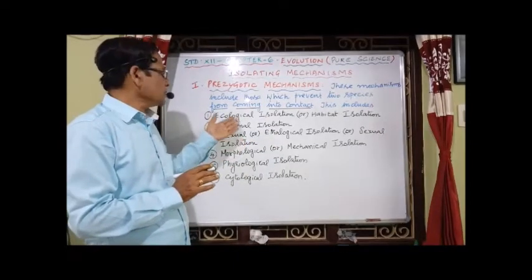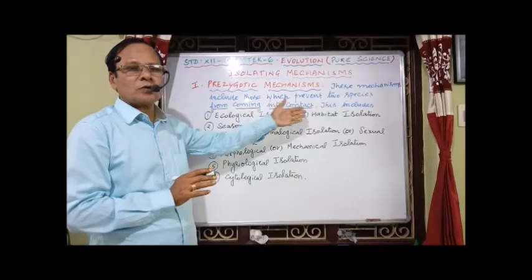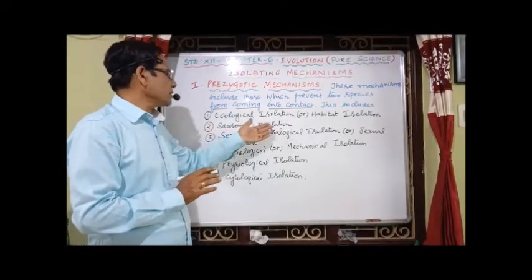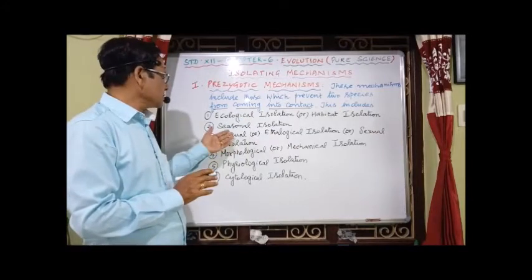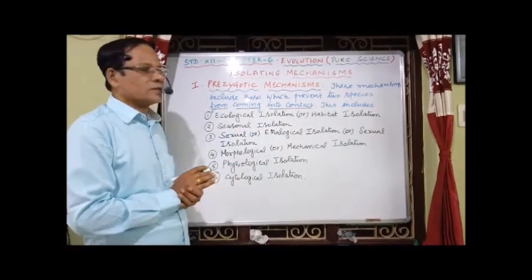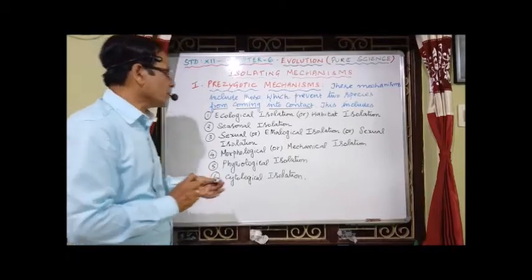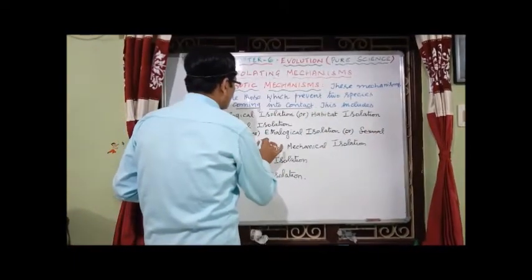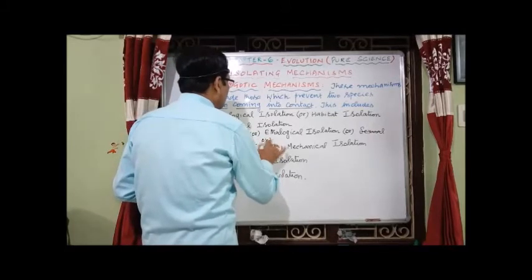One, ecological isolation or habitat isolation. We'll discuss seasonal isolation. Then sexual or ethological isolation, or behavioral isolation. This is not sexual, behavioral. Okay, so behavioral isolation.